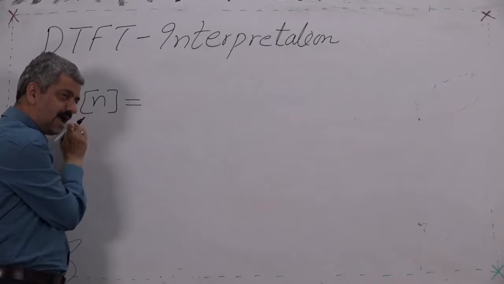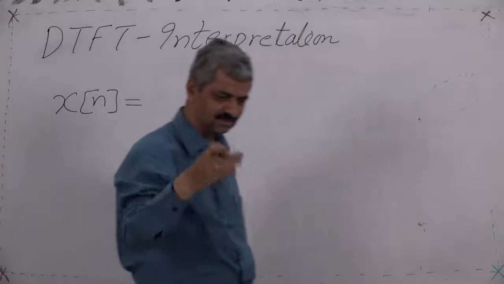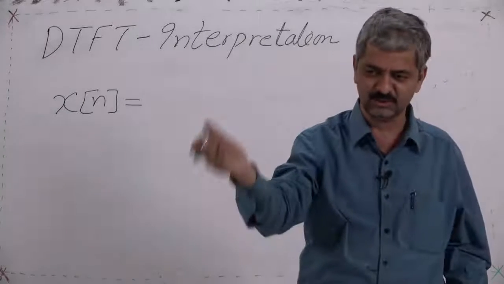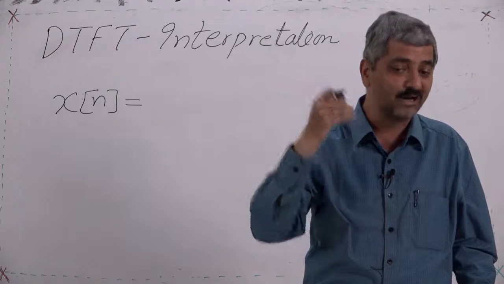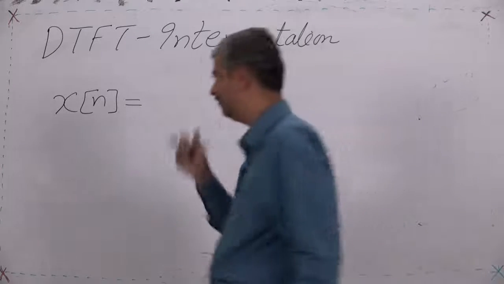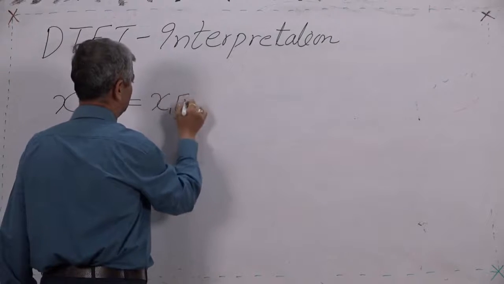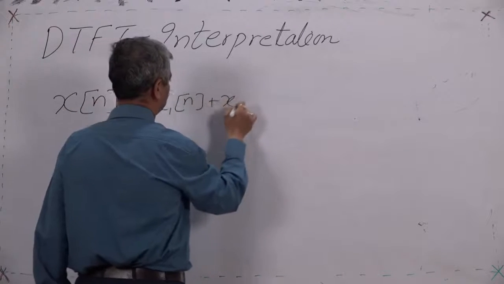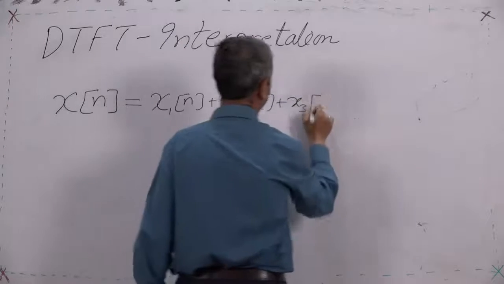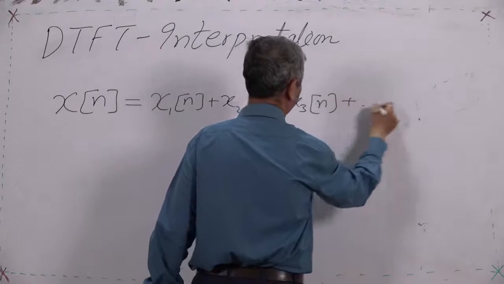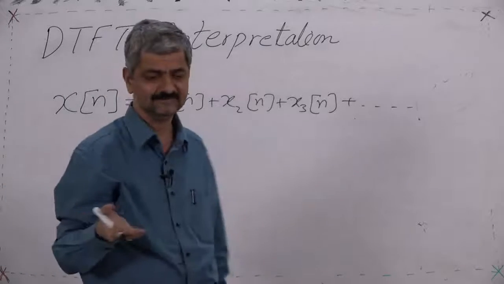Then I assume, as the person in the earlier example, yes, that the given person may be notorious but has some good characteristics. So I claim that xn is comprised of one subsignal, another subsignal, another subsignal, and there is no end to it.